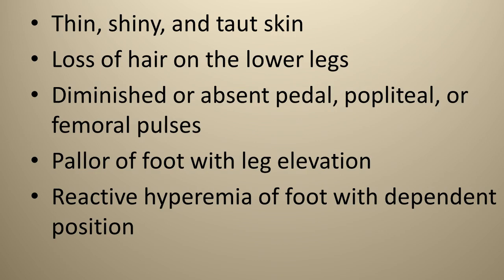As I said, pallor or whiteness may occur when the extremity is elevated, and they'll get dependent rubor. That's a fancy name for the extremity becoming very red when the extremity is lowered. Also, because of decreased oxygen and nutrients to the muscles themselves, over time a patient will develop muscle atrophy from prolonged chronic arterial disease.